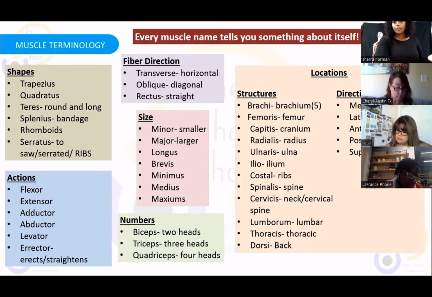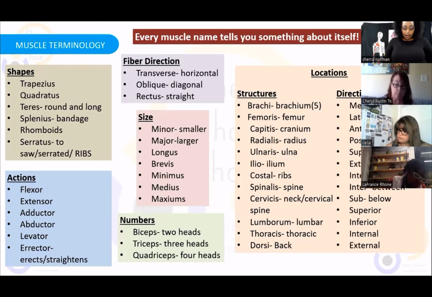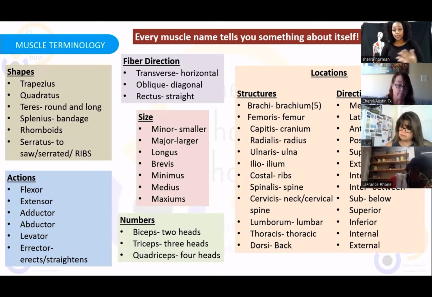And then directions. Okay, medial, lateral, anterior, posterior. Again, if there's one, there's probably another one with the other name. Serratus anterior, serratus posterior, rectus capitis posterior, rectus capitis anterior. All right, superficialis versus profundus, which is profound and deep. Externus, internus.